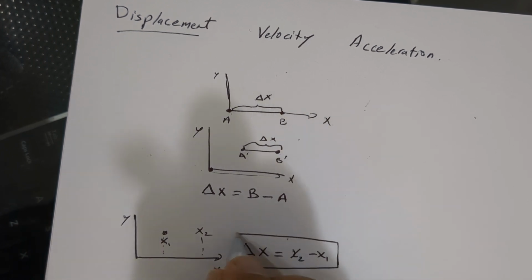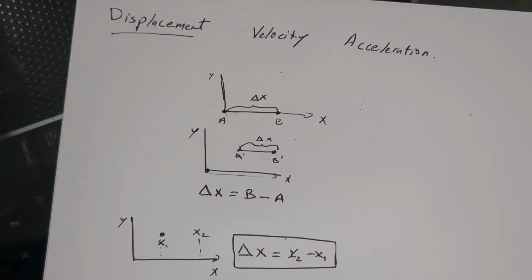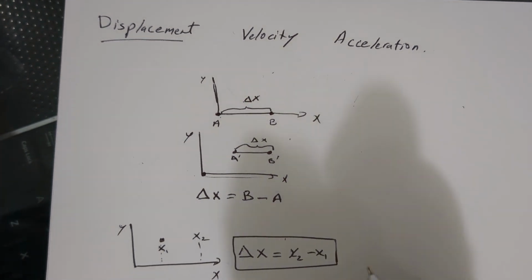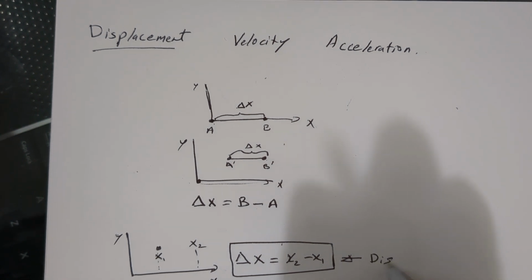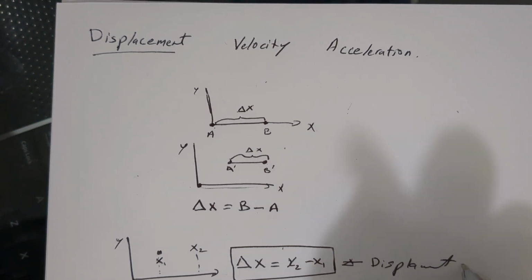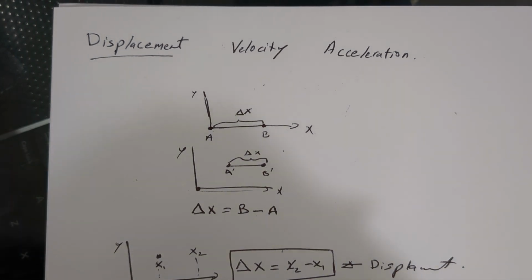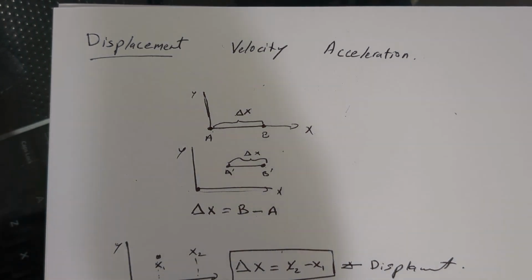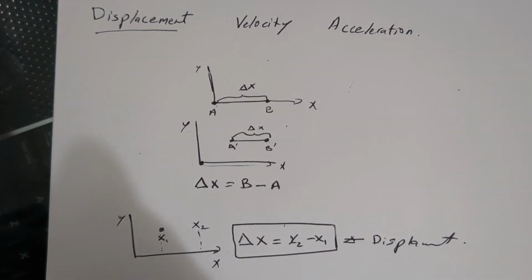So this is basically your displacement, how much distance you have traveled, right? So keep that in mind. This is displacement, and later on we will discuss how it relates to velocity, and then it'll tie into your acceleration later on, so we'll go step by step. We'll look at all three plots.